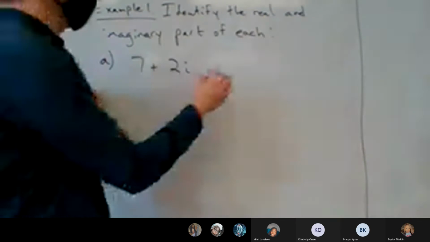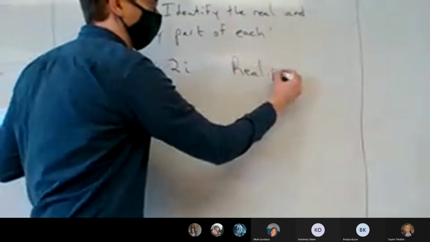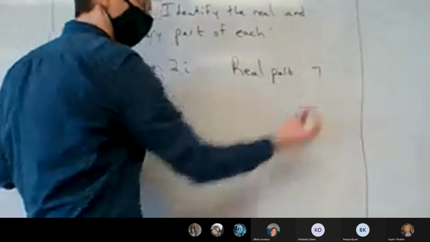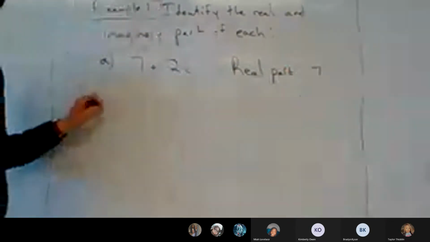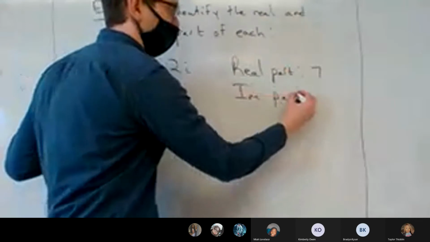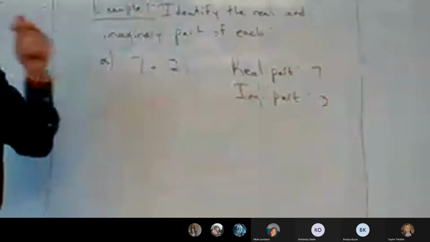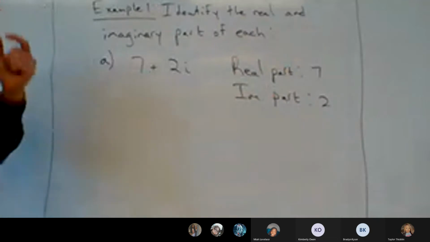Okay, so the real part is 7, okay? And the imaginary part, which I'll just say im to save time, imaginary part is 2. Not 2i, just 2.